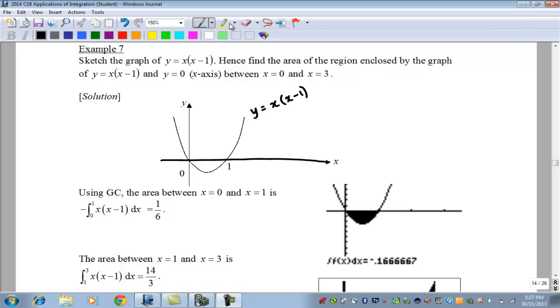So x equals 0 is right here, the y-axis. x equals 3 is probably somewhere here. Although this is not drawn to scale, let's treat this as 3. So where is the area that we want to find? It is this area here and this area here in green.